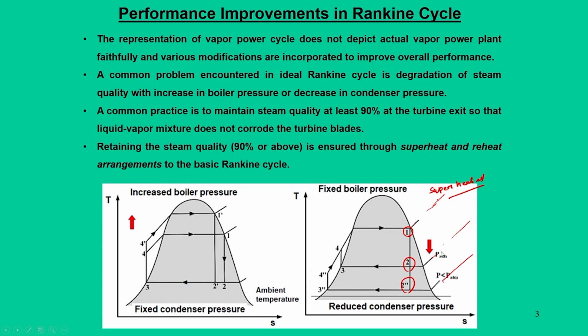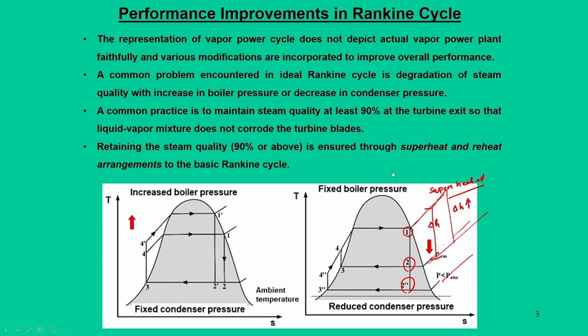That is one aspect. The second aspect is that when we do the superheating, we are actually raising the mean temperature of heat addition for the fluid. Through this process you have a higher work output, because another important aspect is that in the superheated region, due to the divergence of the constant pressure lines, the difference delta H becomes progressively higher if you handle the steam in the superheated region.